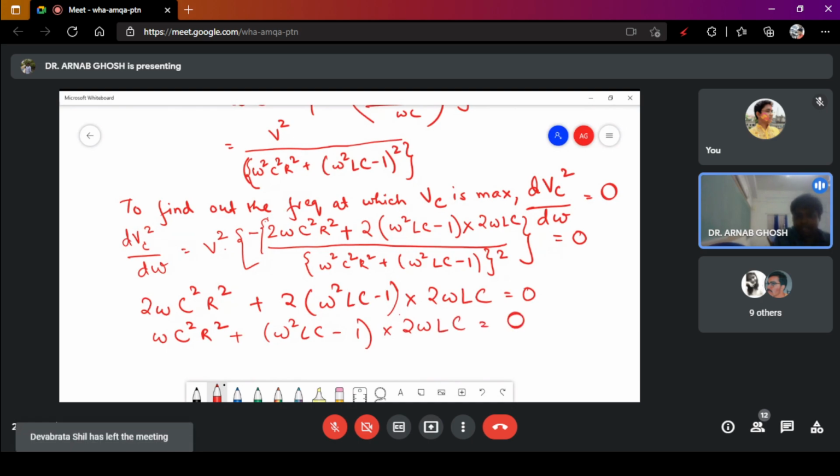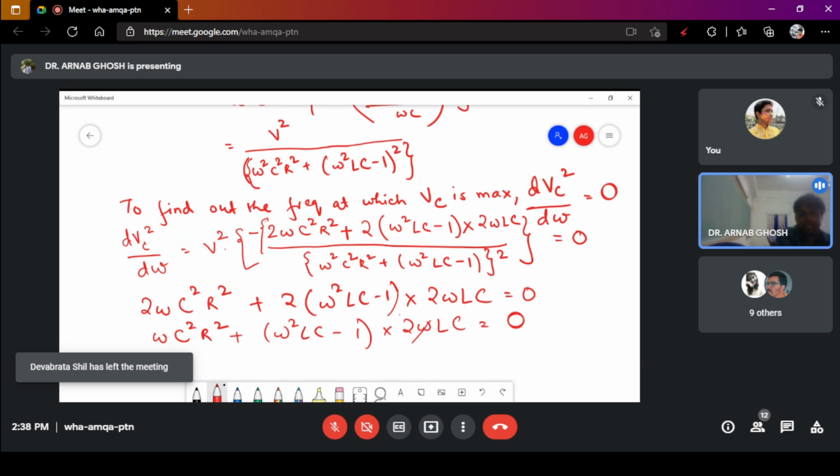So you can cancel out these omegas as well. If you solve this, it comes out as omega square L square C square minus 2LC plus C square R square is equal to 0. I am going slow about this. Any doubts, you can ask me.